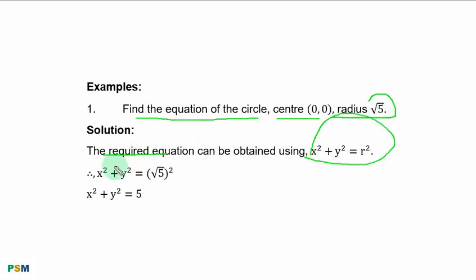You simply have x square plus y square equal to root 5 square, and root 5 square is equal to 5. So the required equation is x square plus y square equal to 5.